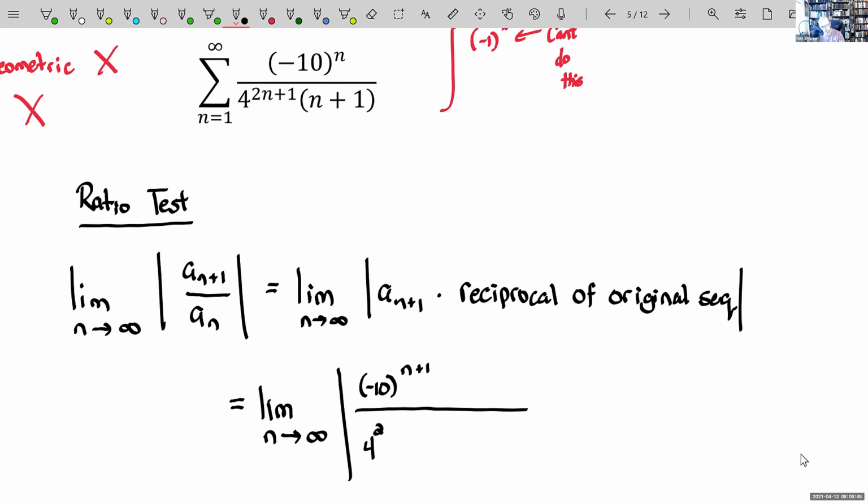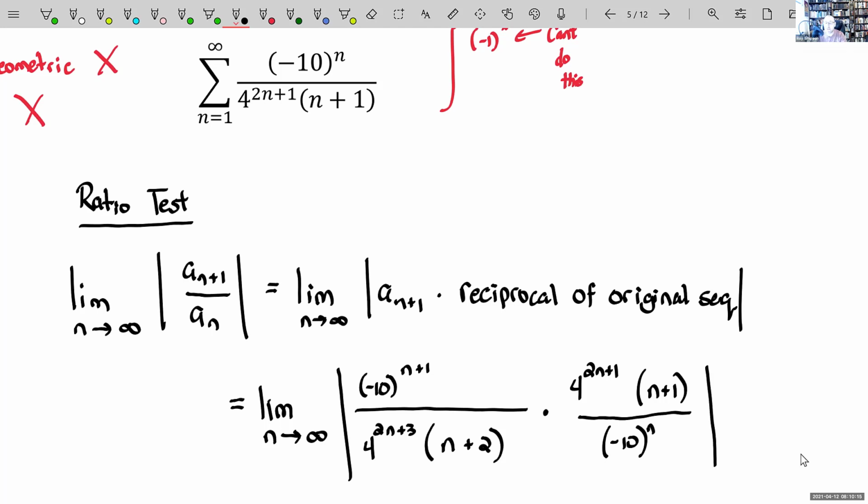That'll be 2n plus 3. I'll have an n plus 1 here, so that's an n plus 2. And I'm going to multiply that by the reciprocal of the original sequence, which is just 4 to the 2n plus 1 times n plus 1 over negative 10 to the nth.